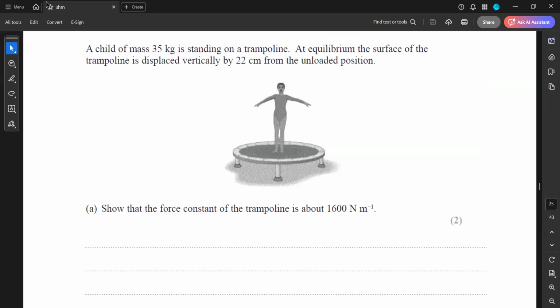We need this force constant because it's force divided by length, so K is F divided by X. So how much force is there? The force is because the weight is acting downward, causing it to stretch.